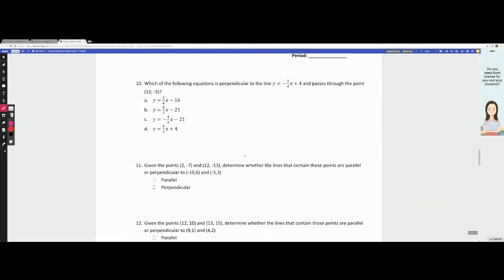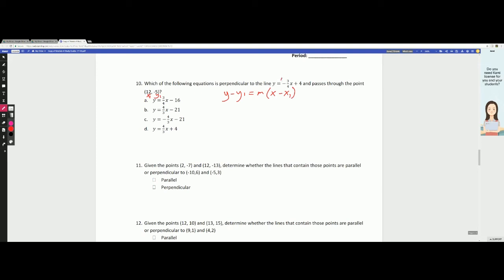All right, number 10. Which of the following equations are perpendicular to the line of this and passes through the point of here? So we got an x value and a y value. This is going to be point-slope. So we have y minus whatever y value they give us equaling the slope times x minus whatever x they gave us, okay? So here's the x they gave us, here's the y they gave us, and we're just going to use point-slope.